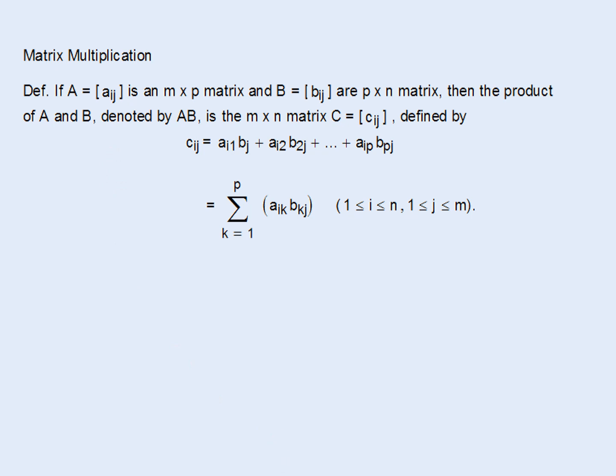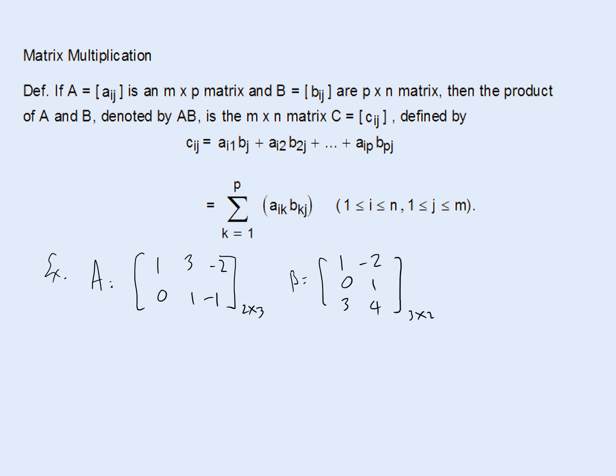For a better understanding of matrix multiplication, suppose that we have matrix A equal to a 2 by 3 matrix, 1, 3, negative 2, 0, 1, and negative 1. And B is a 3 by 2 matrix: 1, negative 2, 0, 1, 3, and 4.